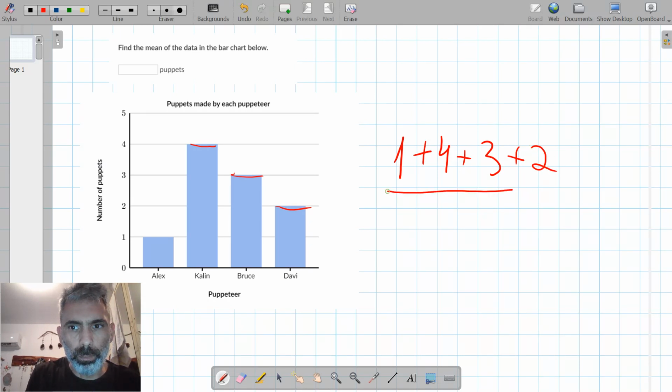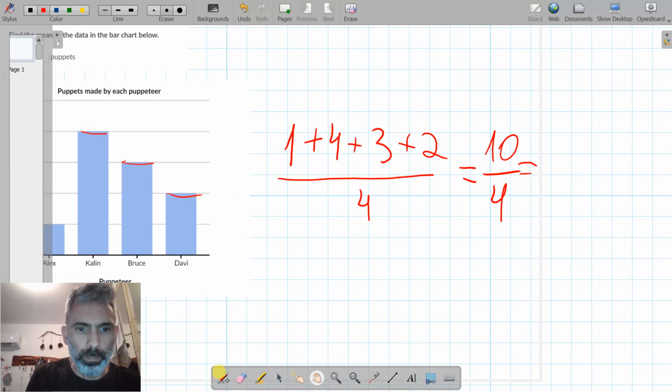So we add them all up and we divide by the number of puppeteers. So we have 4 puppeteers. 1 plus 4 is 5, 5 plus 3 is 8, 8 plus 2 is 10. 10 divided by 4 is... 4 goes into 10 2 times, and we have a remainder of 2 over 4, which is 1/2.